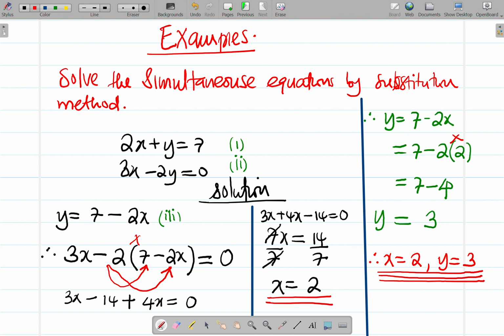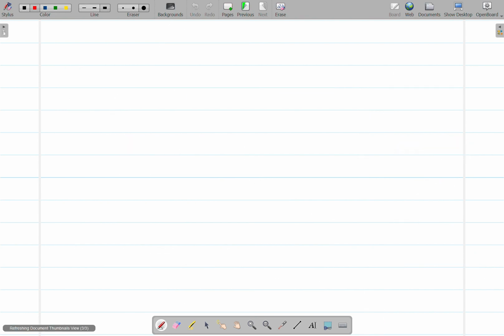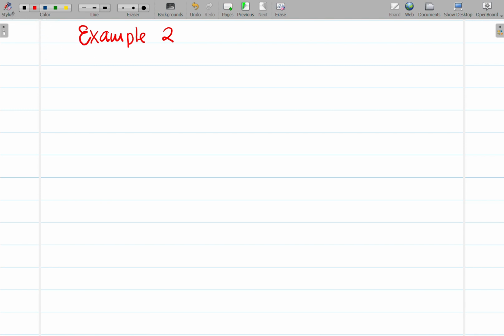So example number 2. Now let's just look at this equation here, which I'm going to call example number 2. Let me just create another page, next page. So more examples. Example 2 there.